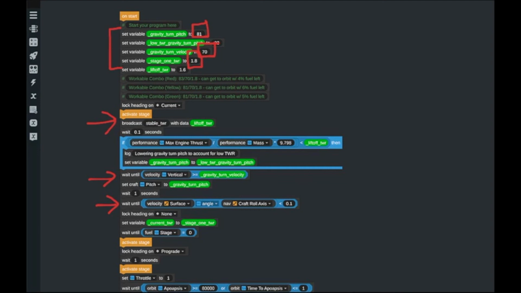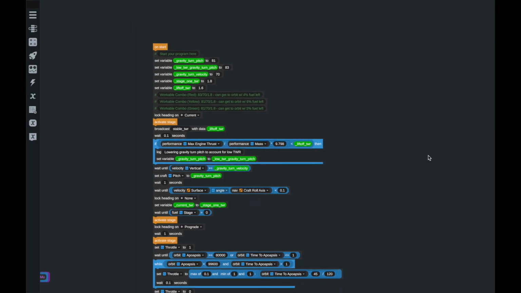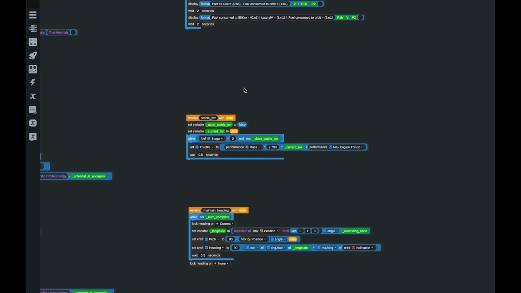A better approach might be to set the pitch input to some value and wait for a certain angular velocity to be achieved before setting it back to zero. After the gravity turn is complete, I adjust the TWR and wait for fuel to run out. At this point, let's take a look at the stable TWR event receiver.